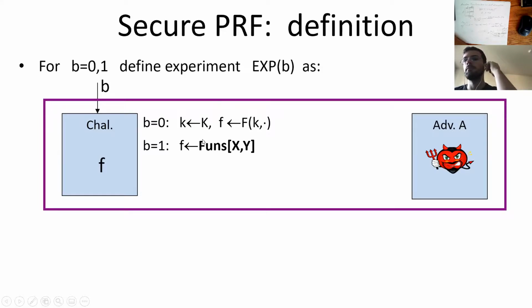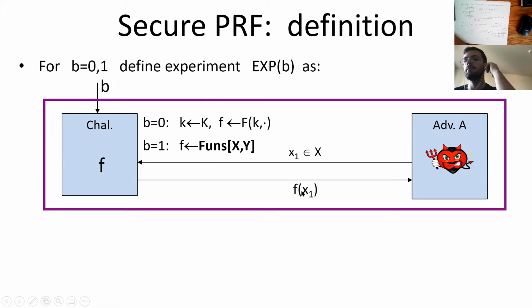After this initialization, the adversary can ask queries and gets values of little f. The little f looks like this if b is 0, or was chosen from this distribution if the bit was 1, but it is fixed after initialization.